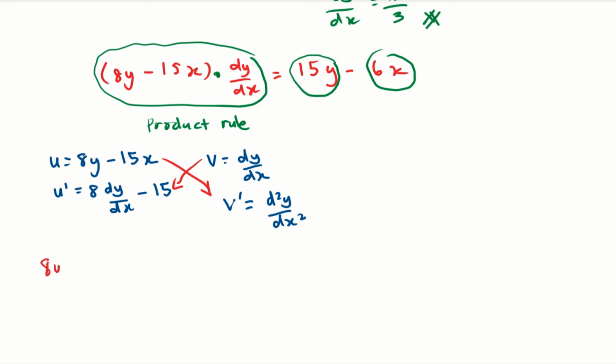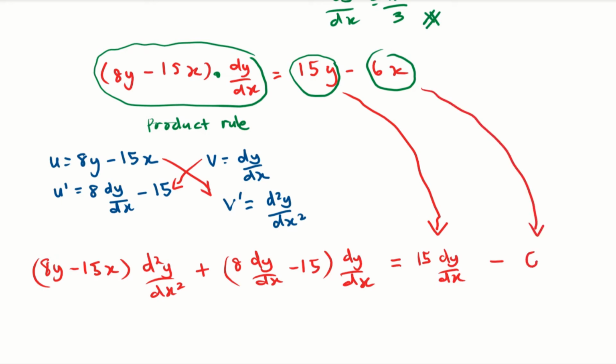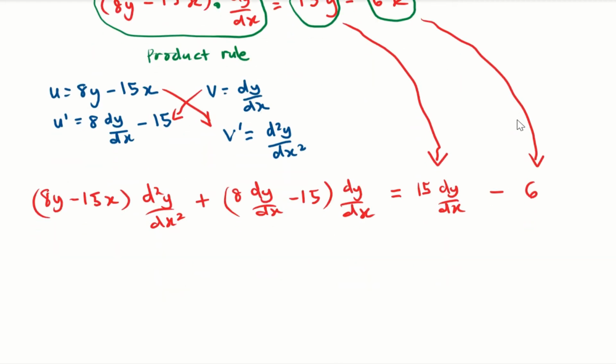So 8y minus 15x multiply d2y over dx squared plus 8 dy dx minus 15 multiply dy dx. So then we differentiate 15y, we get 15 dy dx minus, we differentiate 6x, we get 6. So this is complete differentiation for second derivative. So jadi kita dah lengkap differentiate untuk yang kali kedua.